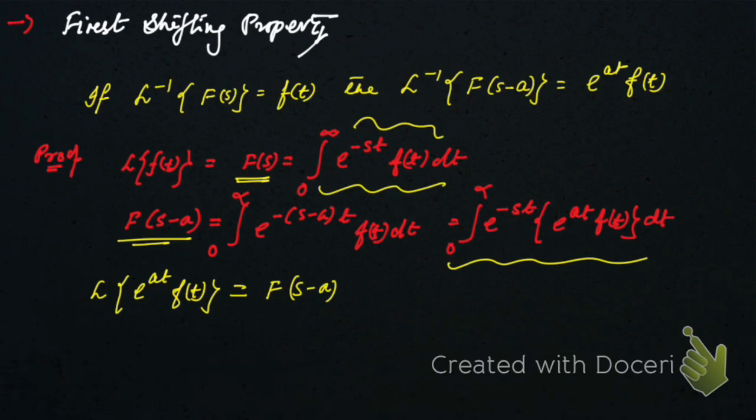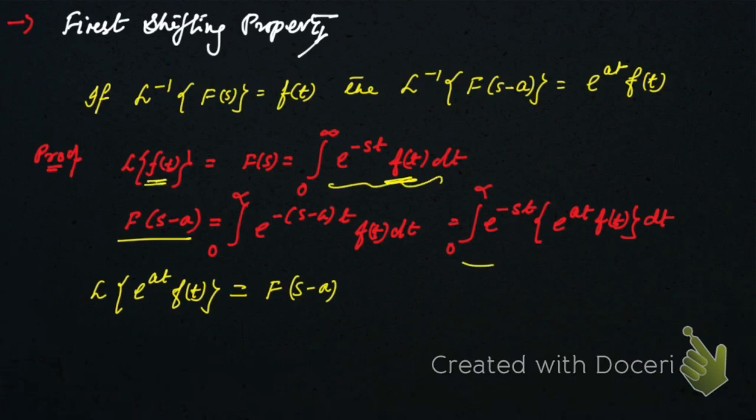If you compare this part with this, then you can say this is nothing but the Laplace transformation of f(t). So this result is the Laplace transformation of e to the power at f(t). Comparing with this, we get the result. So hope you have understood this, right?